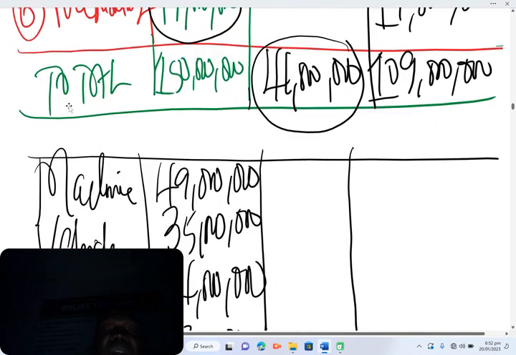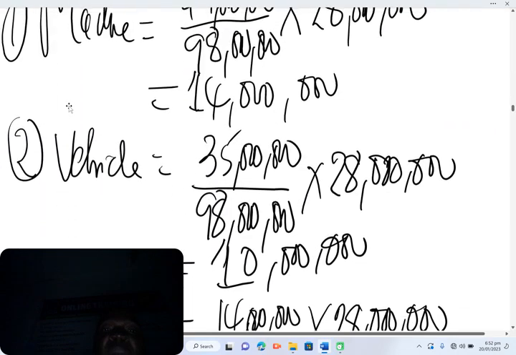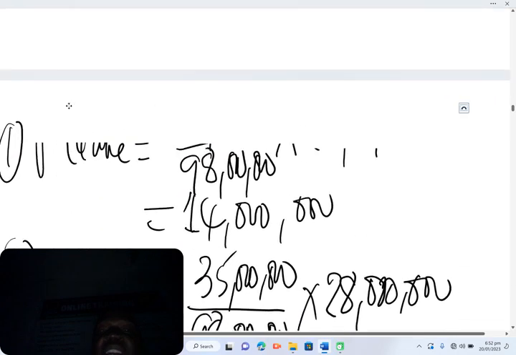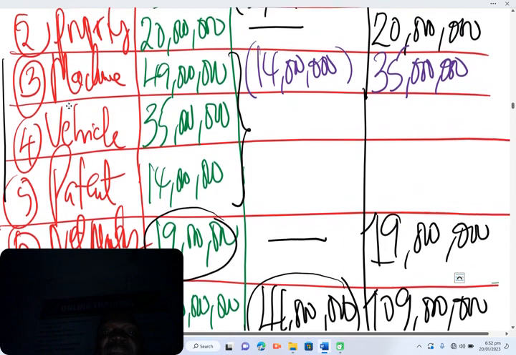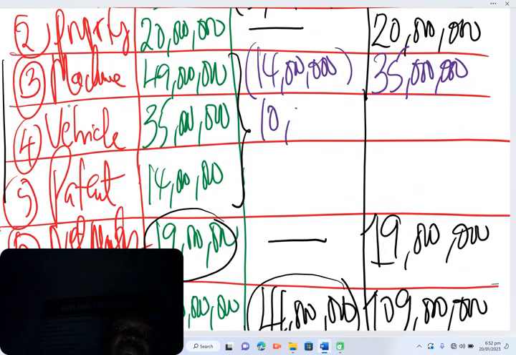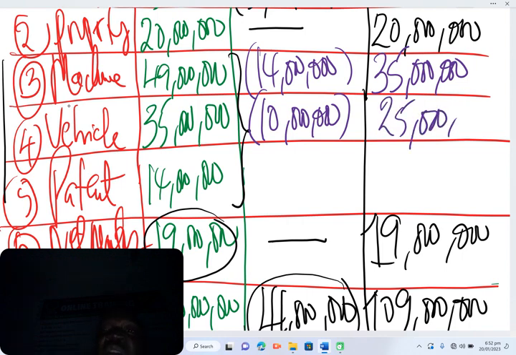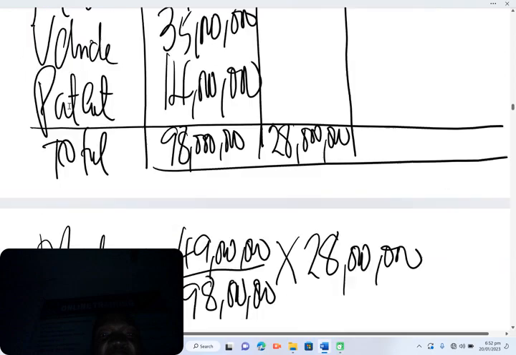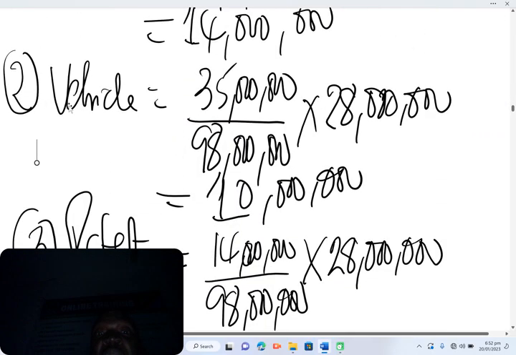Again, on the motor vehicle, the impairment has been identified as 10 million. So take 35 million minus 10 million. How much do you get? 25 million. For the patent, the impairment is 4 million, as you told me, isn't it?